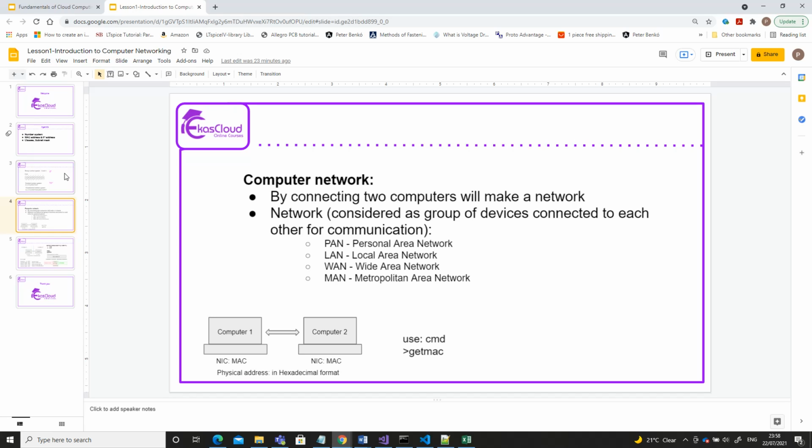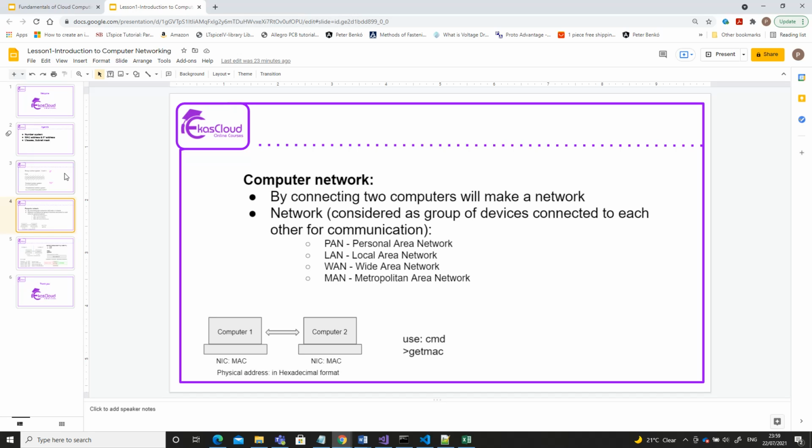The computer needs to have what's called a NIC card, which is a network interface controller card. 20-30 years ago, the NIC card had to be installed into the computer.